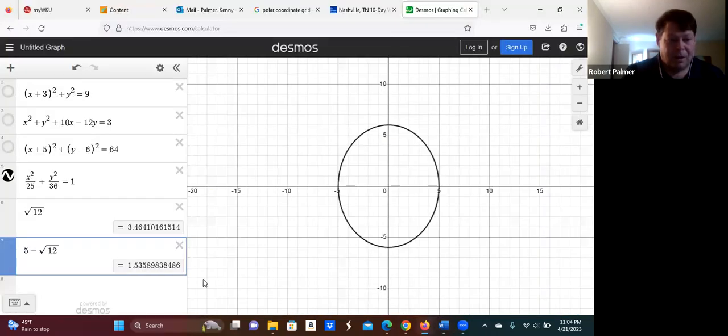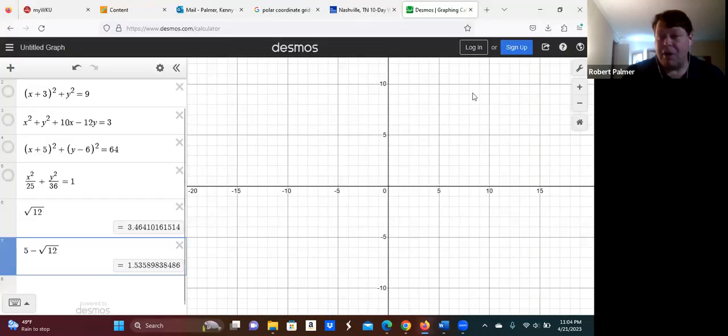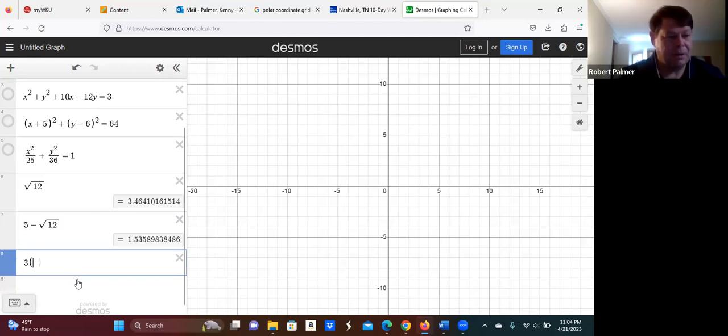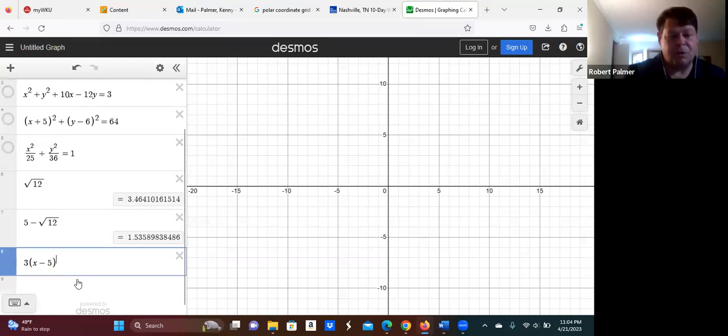All right, so let's make sure all the rest of them are turned off. Now let's graph the original version. So 3, although it doesn't matter, times x minus 5 quantity squared plus 4 times y minus 4 quantity squared is equal to 48.